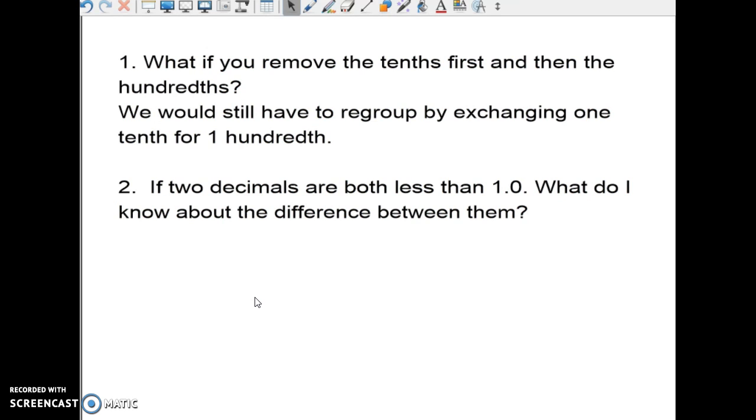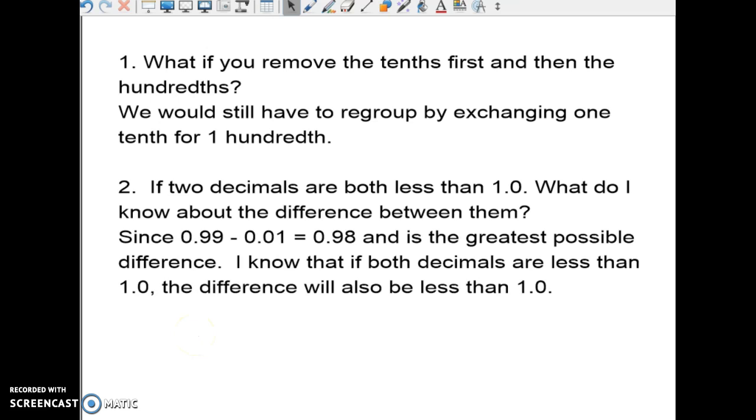Well, if I have less than $1, let's say I have 90 cents, and I subtract 15 cents, my answer is always going to be less than $1. Even if I have 99 cents and I take a penny away, my answer is going to be less than the 1 whole. I'm going to go ahead and put that in words for you.